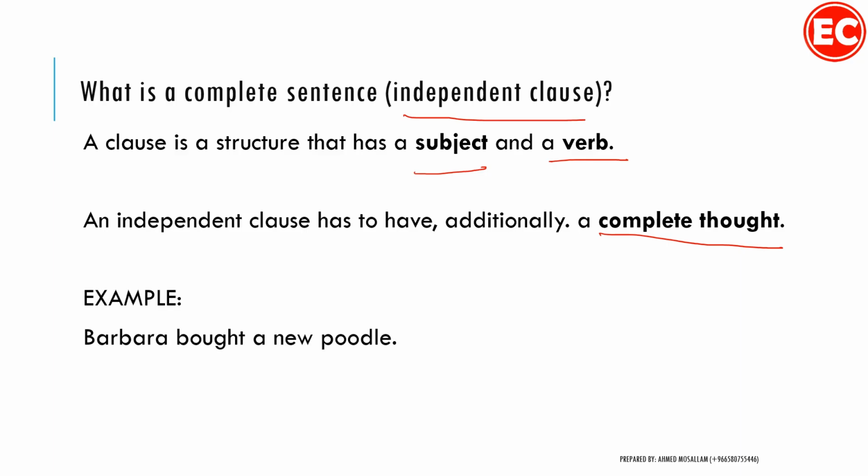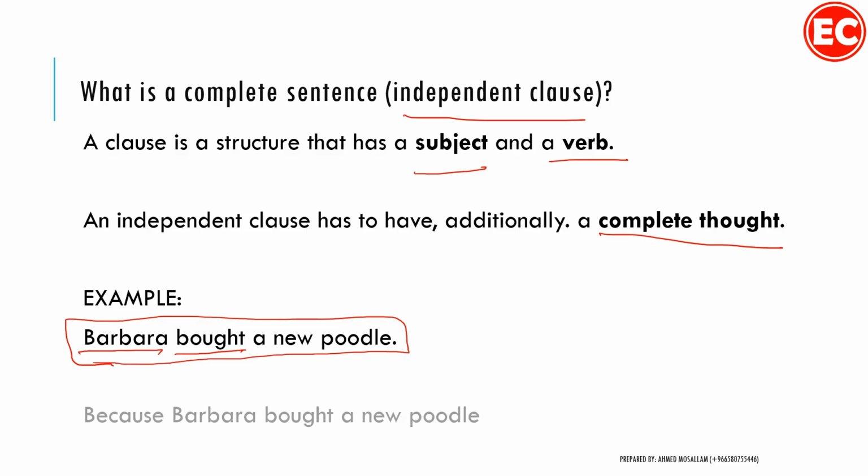Let's have an example. Barbara bought a new bottle. We need a subject, Barbara, a verb, bought, and the complete thought that Barbara bought a new bottle. And here, we don't need anything else. Everything is clear. By adding one simple word before that independent clause, we change it from being an independent clause to being a dependent clause, or a fragment, as we can say.